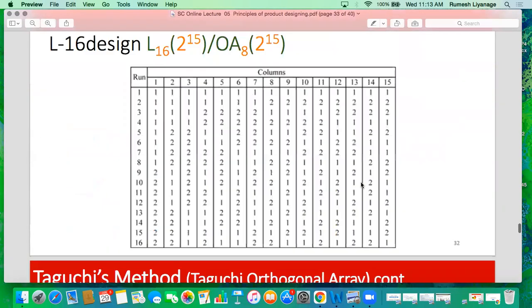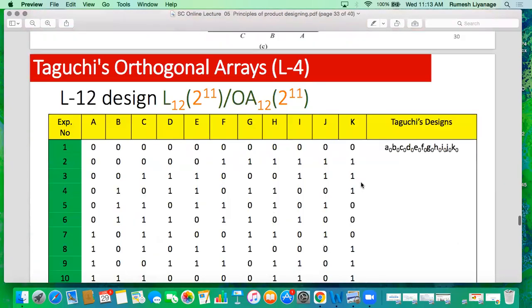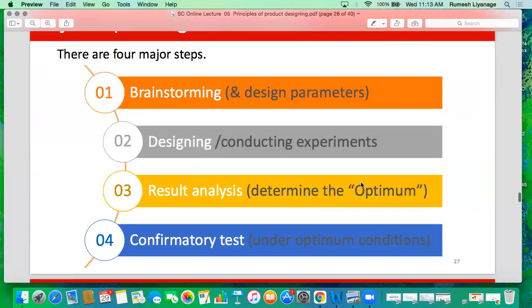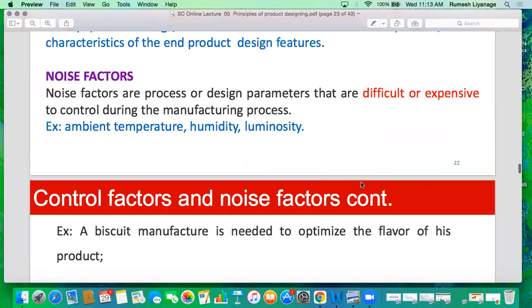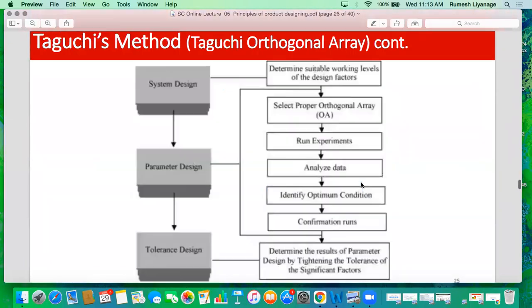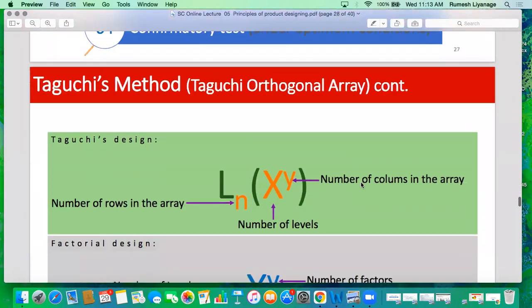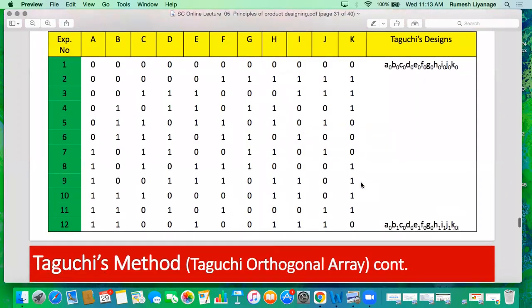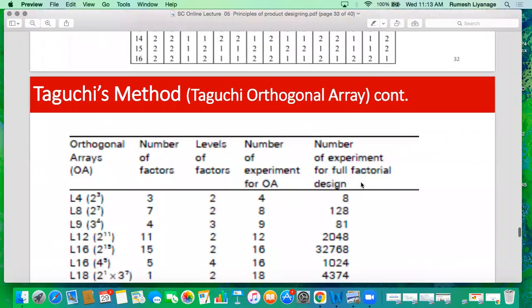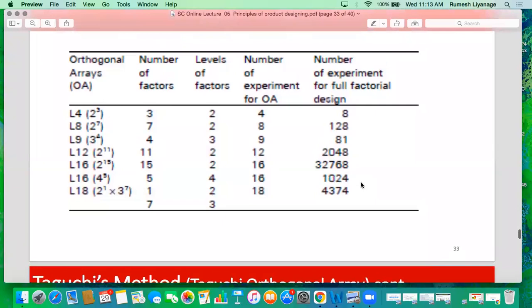Yes, 2 levels. So give me the proper design. 3 factors, 2 levels. So what is the design?